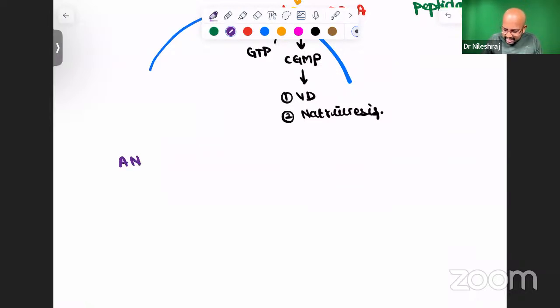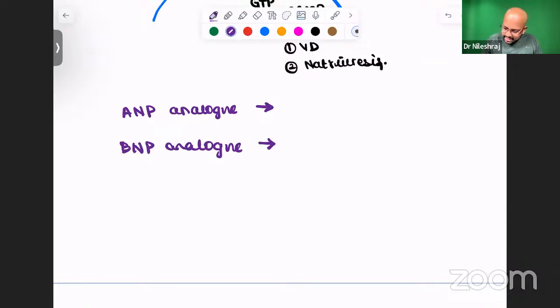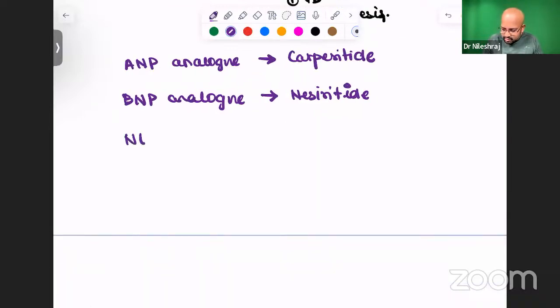We have certain ANP analog agents and certain BNP analog agents, drug molecules very similar to those peptides.